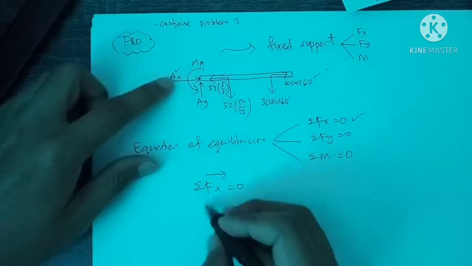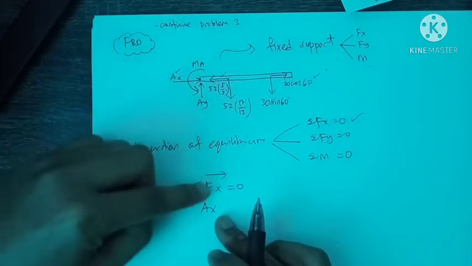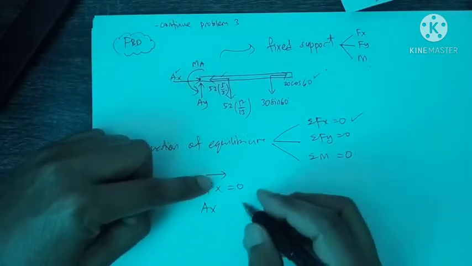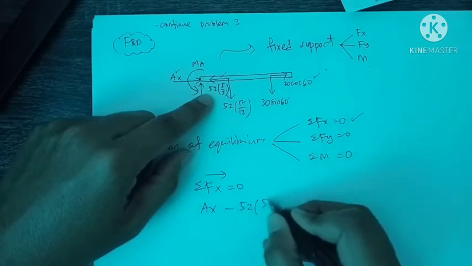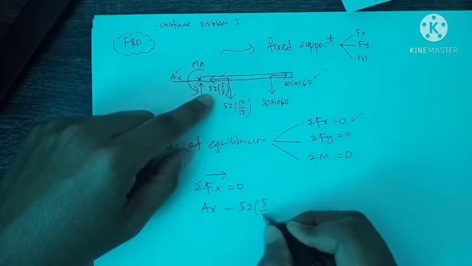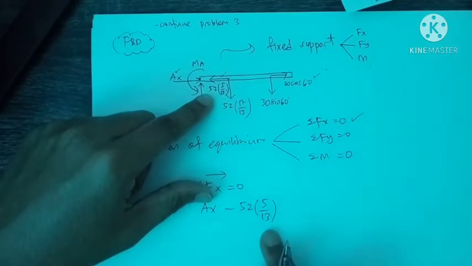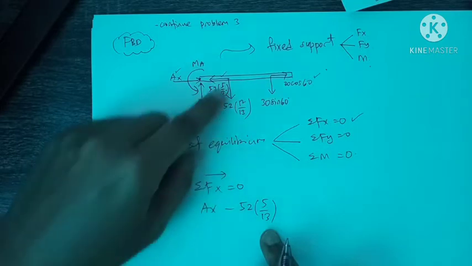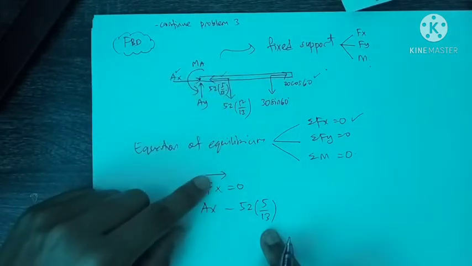Firstly AX positive, because it has the same direction here, and then we have 52, minus 52 5/13, sorry, 5/13. Okay, negative, because here it is against this direction, so negative.